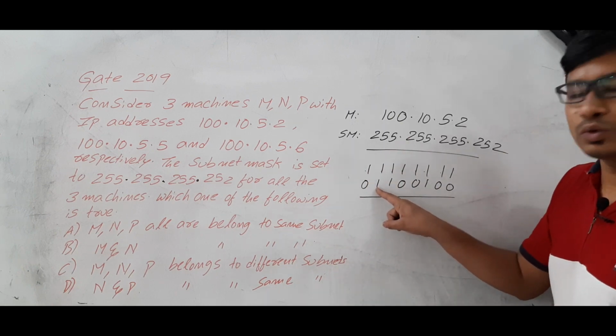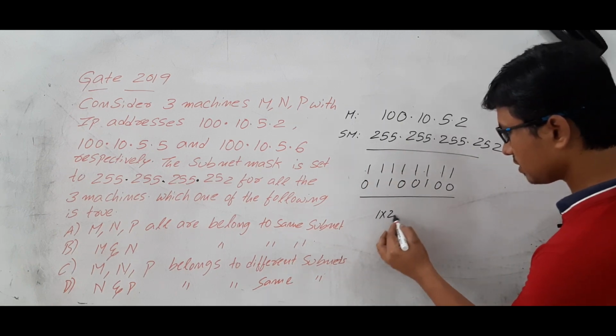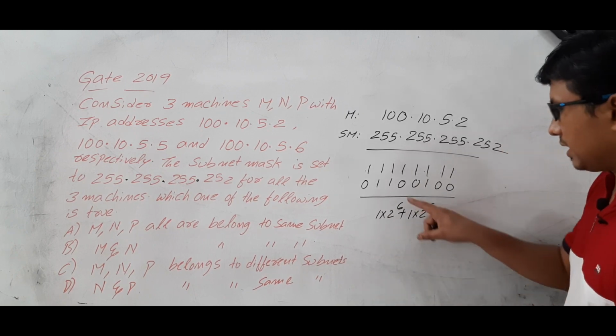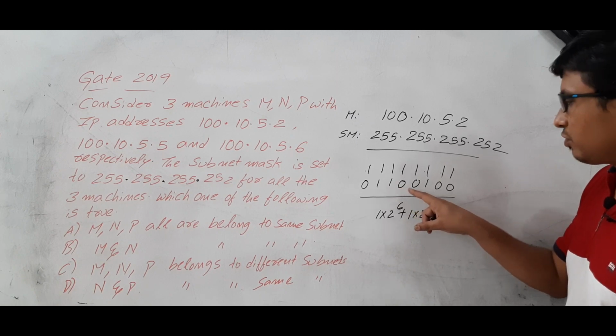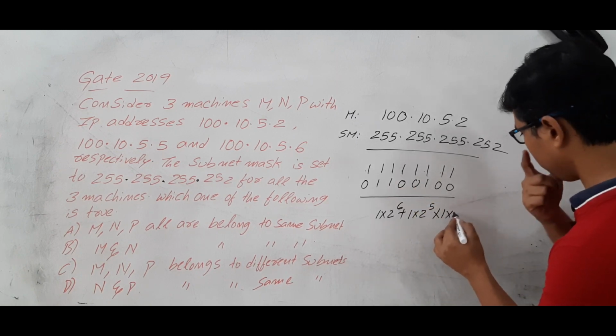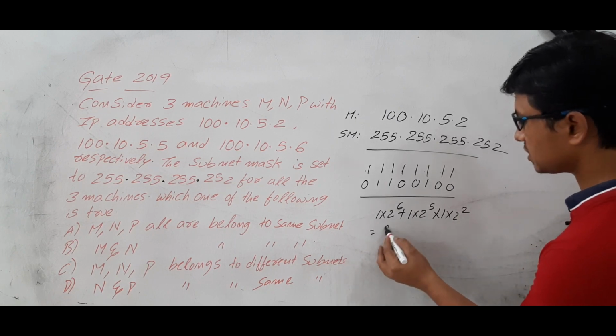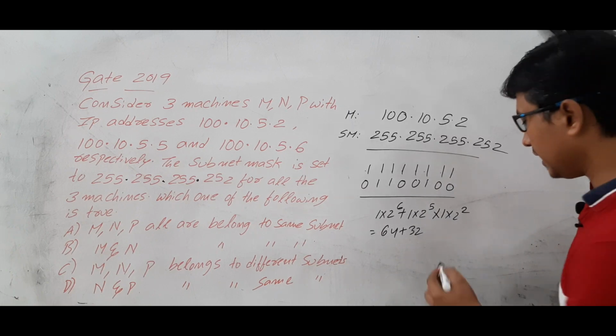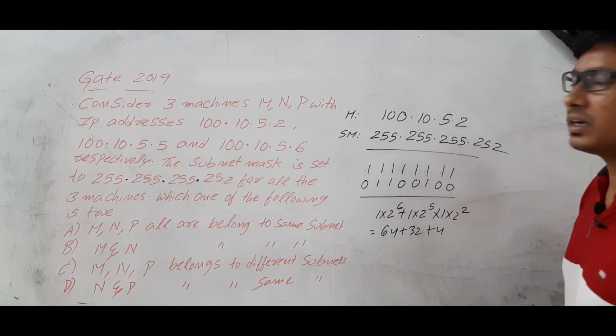So 1 into 2 power 6 plus 1 into 2 power 5 plus 0 into 2 power 4, 0 into 2 power 3, 1 into 2 power 2, which equals 64 plus 32, which is 96, plus 4 is 100.